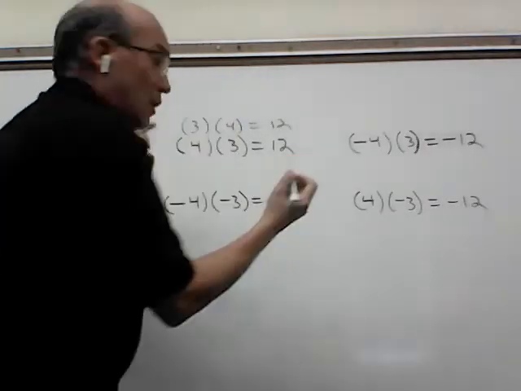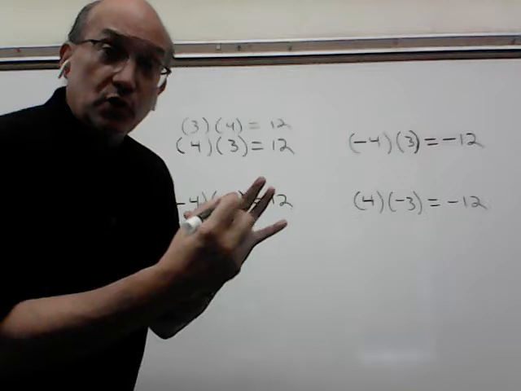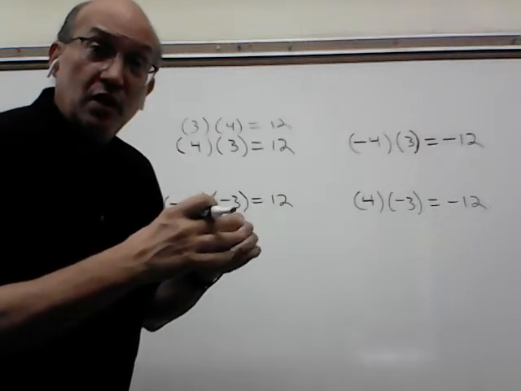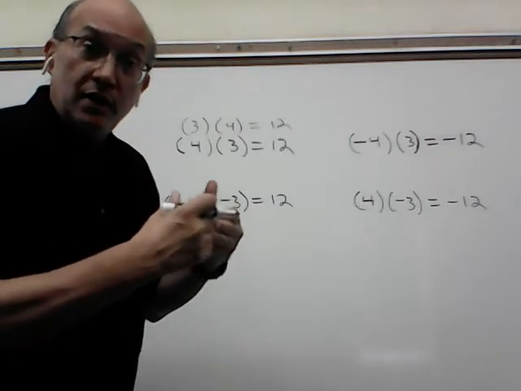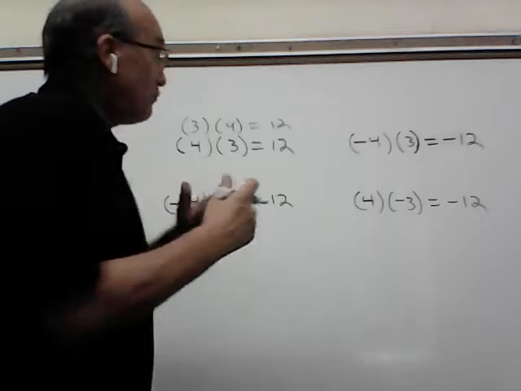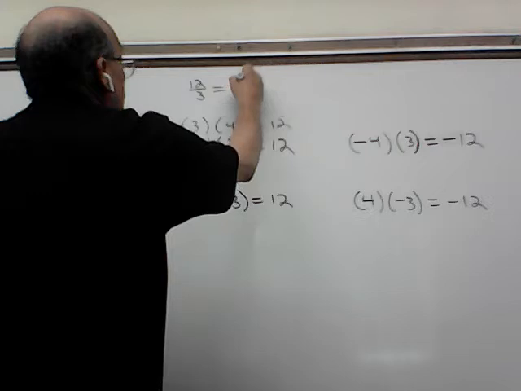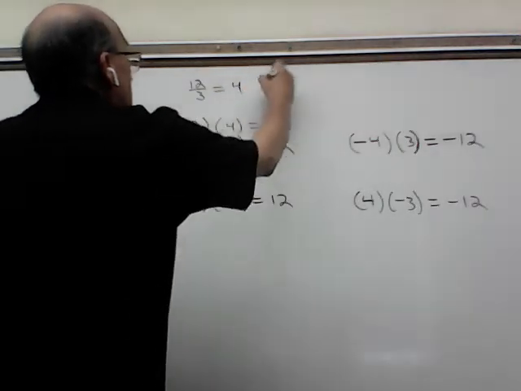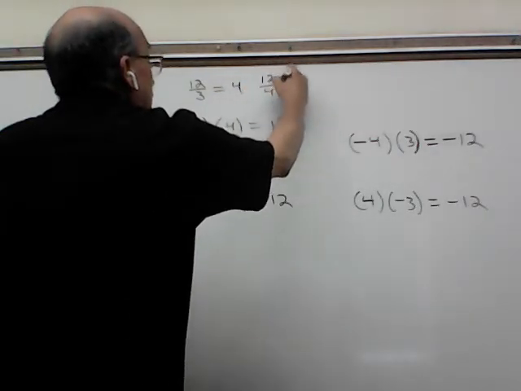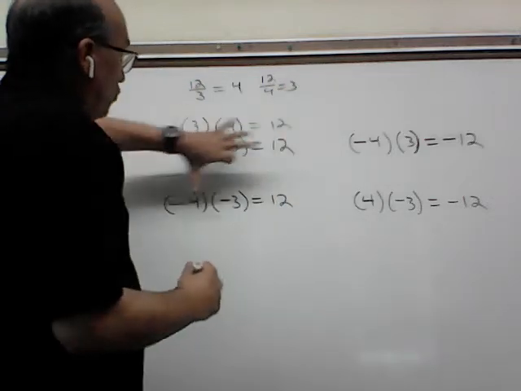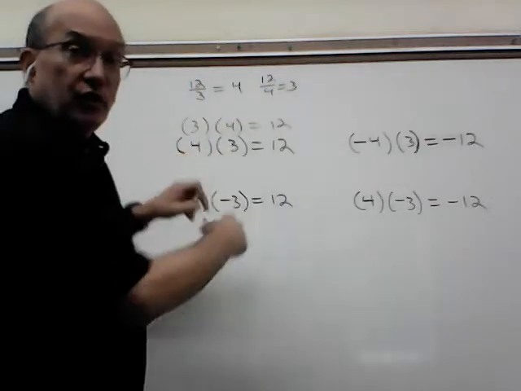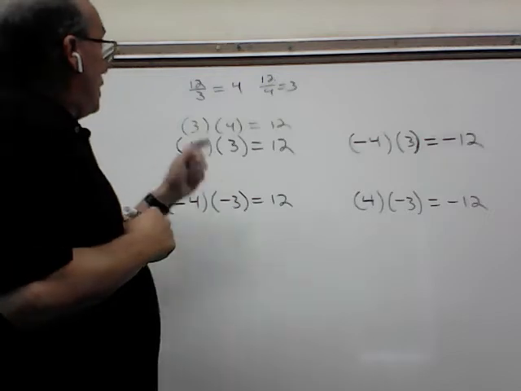And of course, we're going to take the typical middle school approach of indicating a division with a fraction bar, indicating a division as a fraction. So we have 12 divided by 3 is 4, and 12 divided by 4 is 3. So there are the 4 facts that all flow from 4 times 3 is 12.